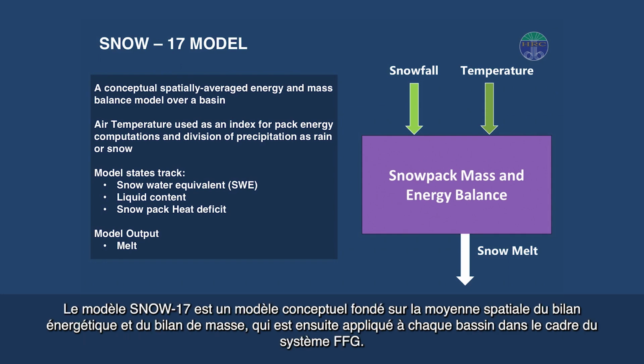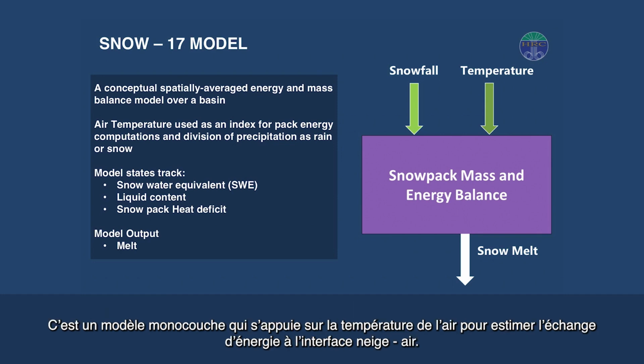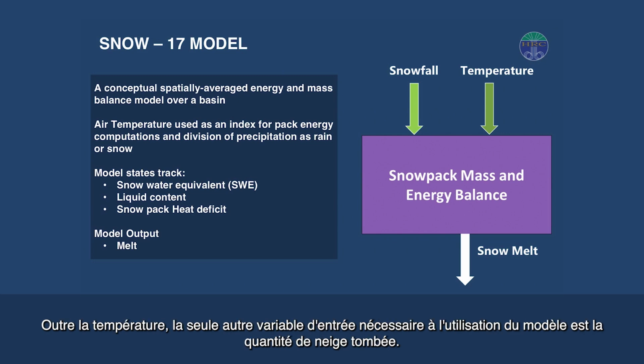The Snow 17 is a conceptual, spatially averaged energy and mass balance model that is being applied to each basin of the FFGS. It is a single-layer model that uses air temperature to estimate energy exchange across the snow-air interface. In addition to temperature, the only other input variable that is needed in order to run the model is snowfall.